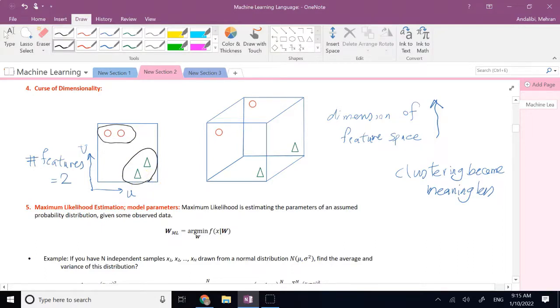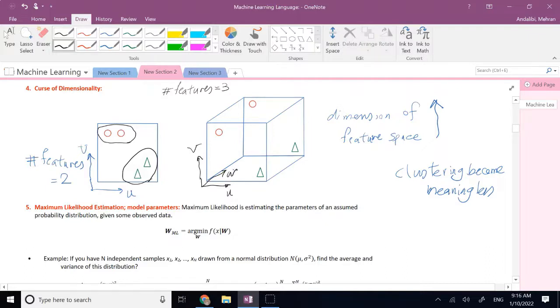Now, if I add one more to the number of features, so here I have what? On this cube, the number of features is equal to 3. I have a u-axis, I have a v-axis, and I have a w-axis.